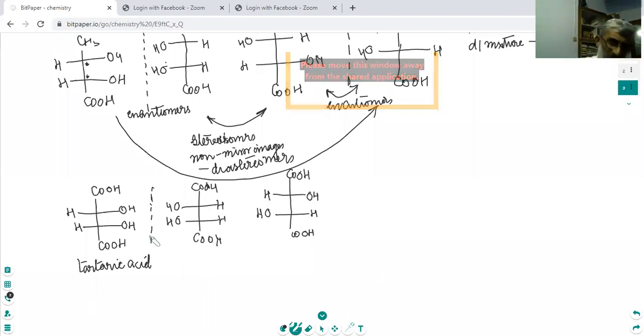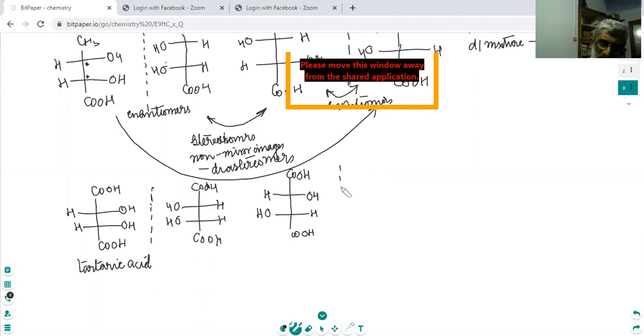Now let me bring to you one thing. I'll finish this and then I'll tell you later. Okay, leave it. Nomenclature will tell you later. So this is the third, the one diastereomer.